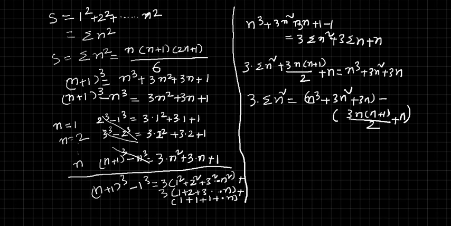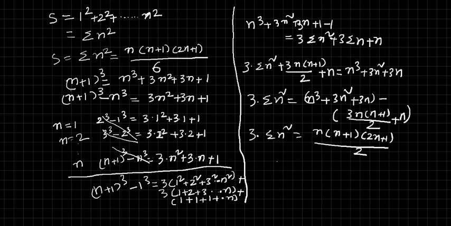So if you take further steps and write them down neatly and patiently, you will get 3 into sigma n square is equal to n into n plus 1 and 2n plus 1 by 2.